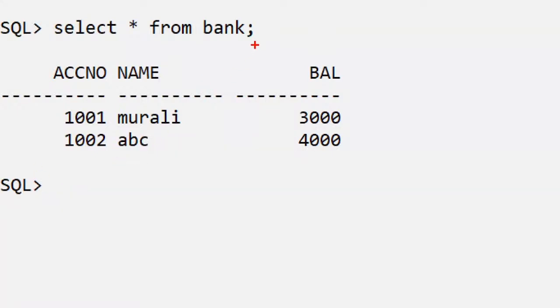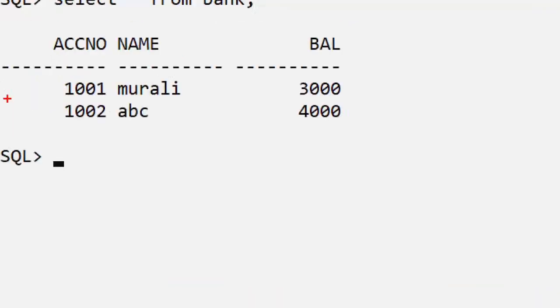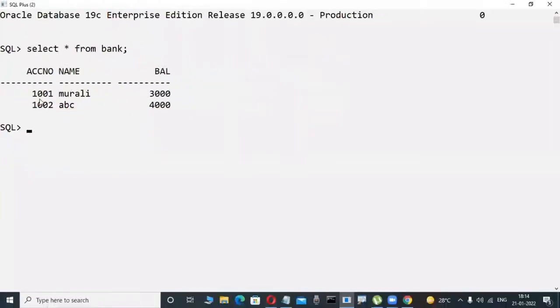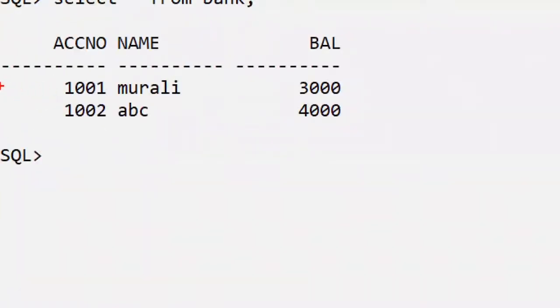Suppose this is a bank, for example SBI bank. In this bank, this is the data. Observe here, these are columns: account number, name, and balance. These are called columns. Here, these are 1001 and so on. These are called rows, or data. Suppose this data, observe it for 1 minute. 1001 is an account number.